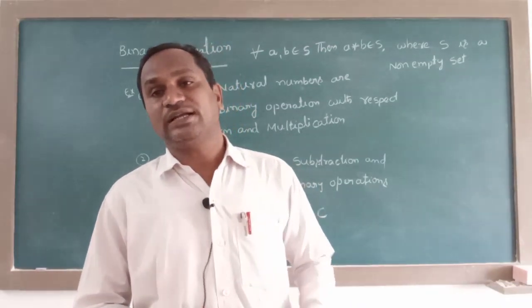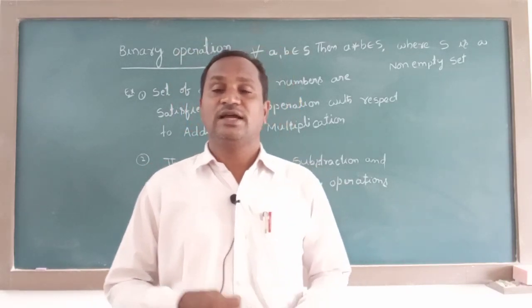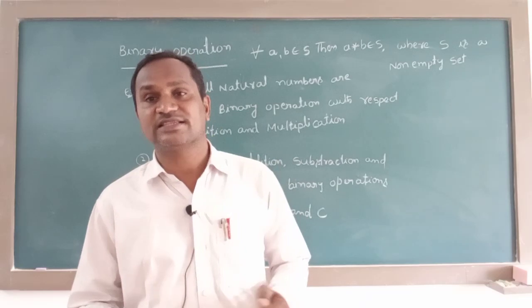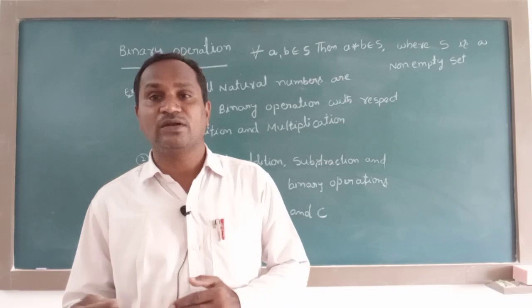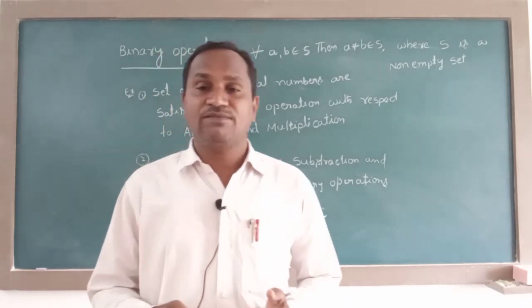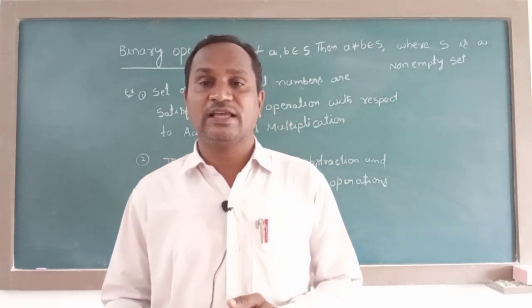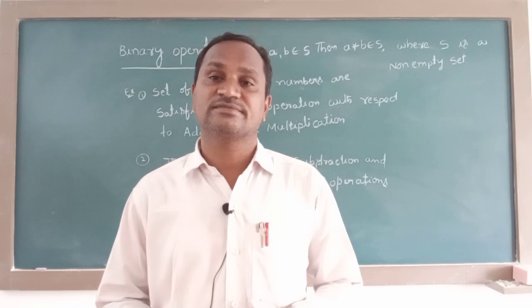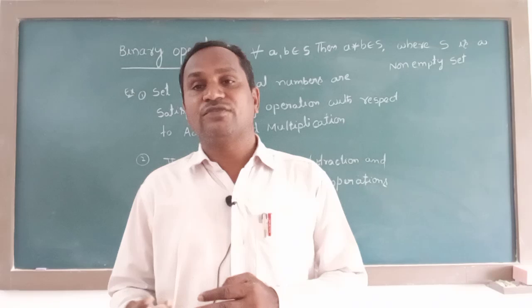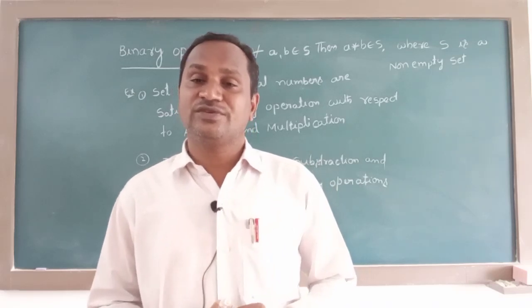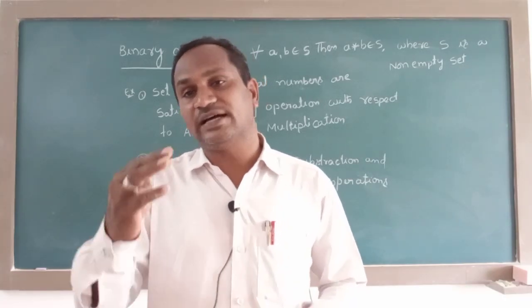Similarly, for subtraction, 10 minus 5 is equal to 5, and 5 belongs to rational numbers. Even in multiplication, 10 into 5 is equal to 50, which belongs to Q. The product of any two rational numbers is again a rational number.